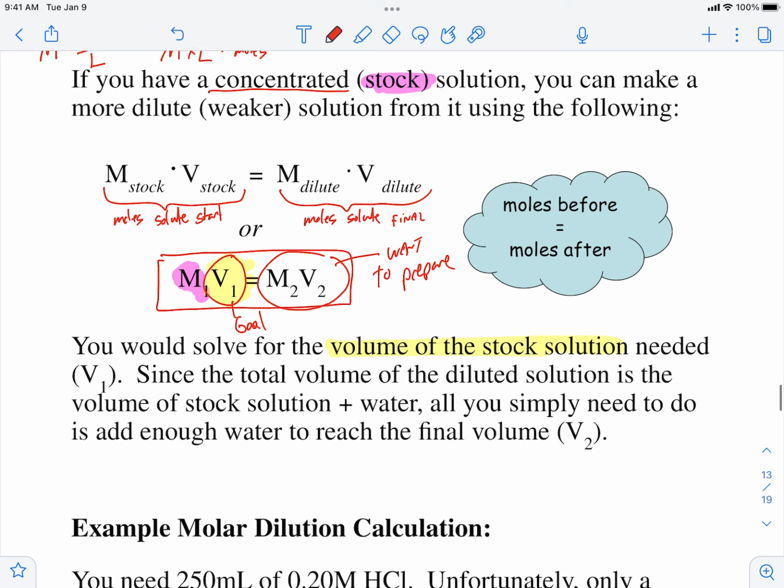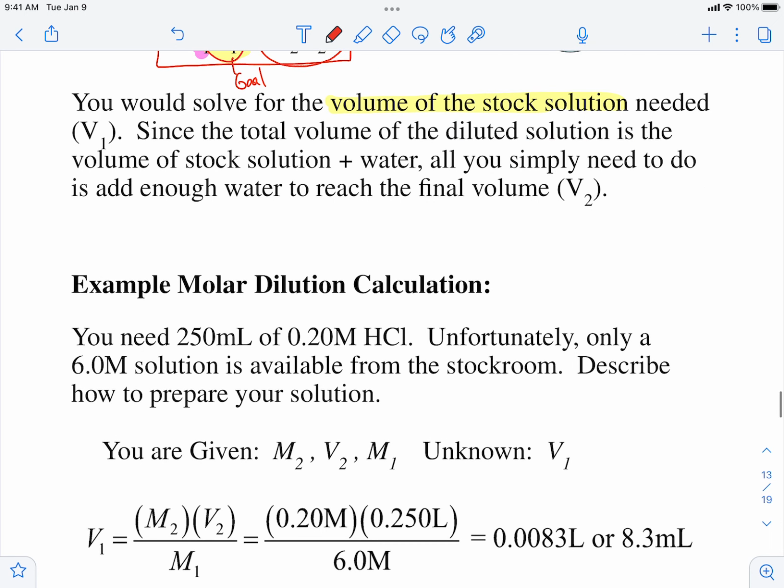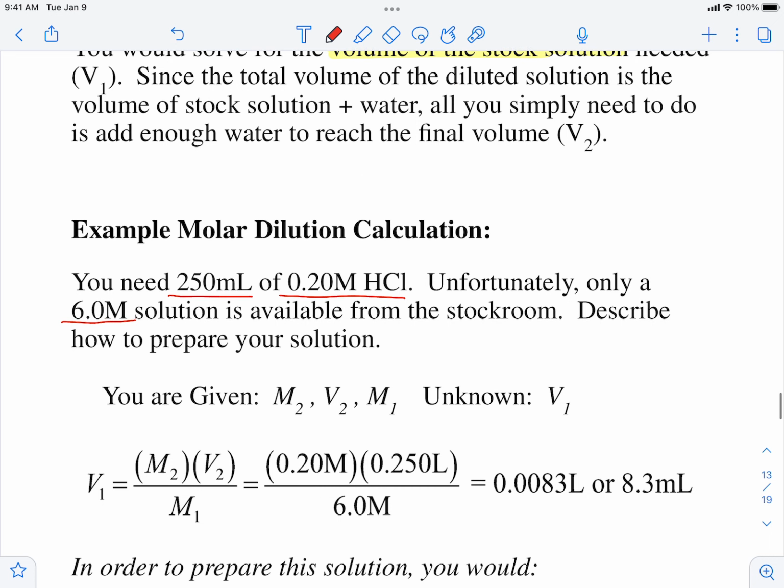So let's just dive right into an example, and we'll do a couple of these, and I think this will make sense. So let's say we want to make 250 milliliters. We want the concentration to be 0.2 molar, and what we have on hand is 6 molar. So right off the bat, of these values that we are given, if I want 250 milliliters, this is the volume that I want to prepare, so this is V2.